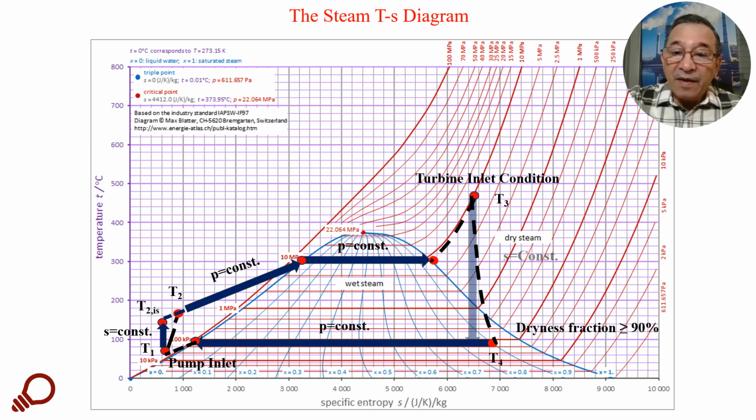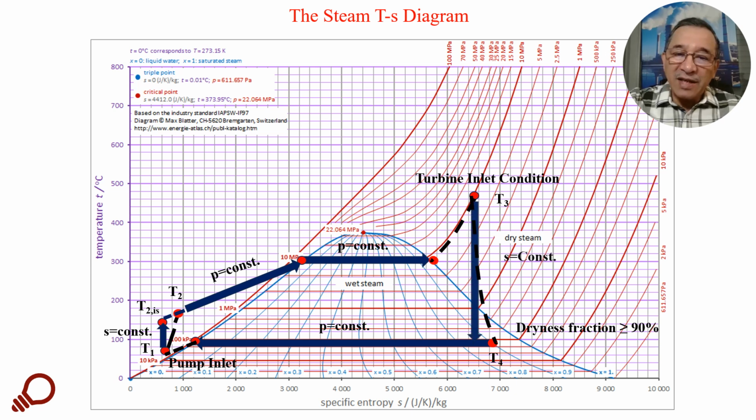Then it enters the condenser at a condition of T sub 4. Here the condensation process is assumed isothermal and P constant. Then the liquid is obtained as a result of rejecting energy to the cooling water, for example, which is supplied from a lake, a river, or even a cooling tower.